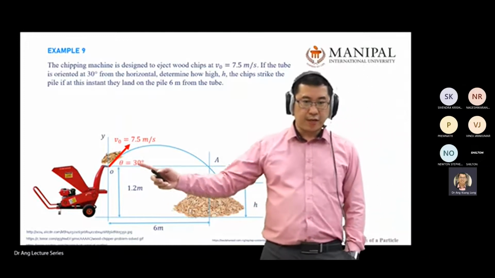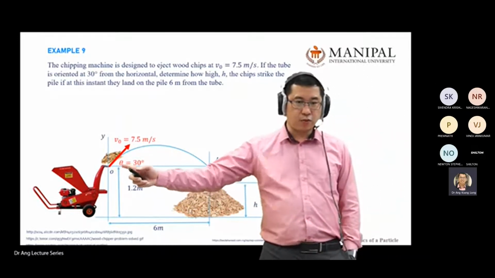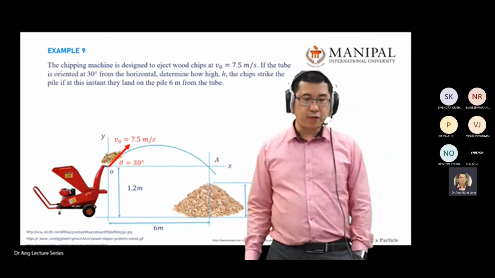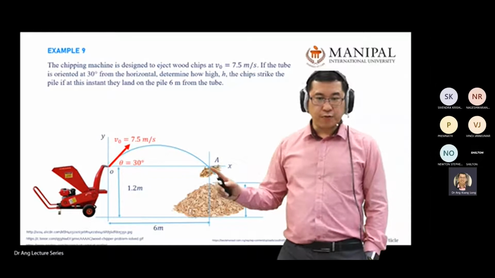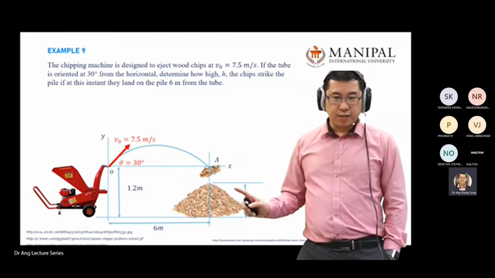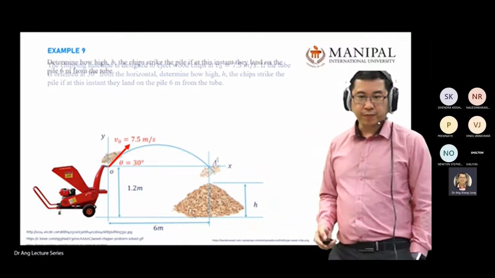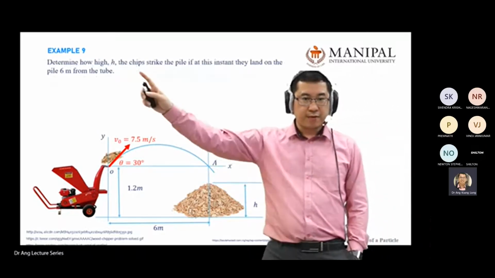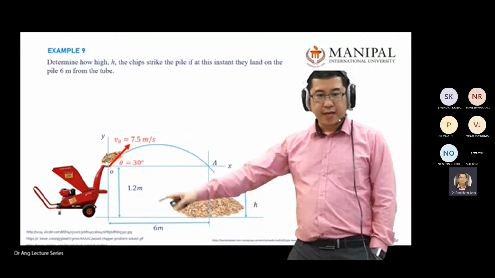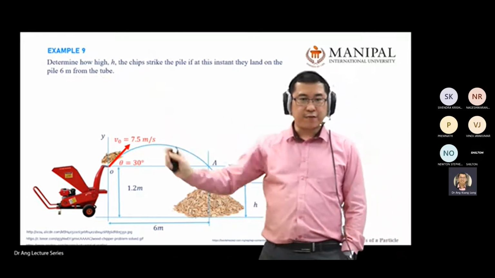Okay, you have 30 degree, you can relate this to horizontal and vertical. The pile will be hit there, and you need to find the H over here. I removed some of the statement there and just put in the objective of our question.